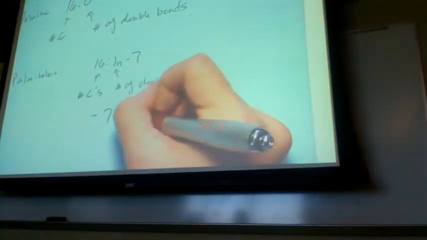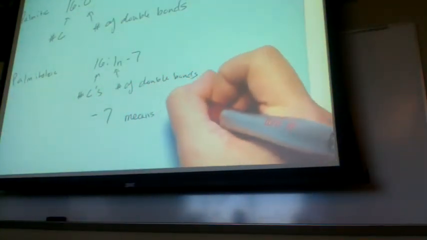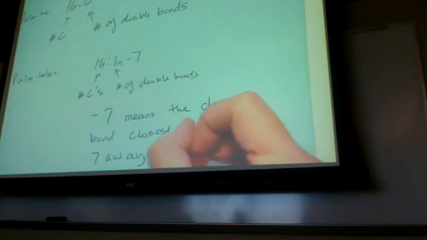It's the position of the last one from the end. So the minus 7 means the double bond closest to the end is 7 away from the end.